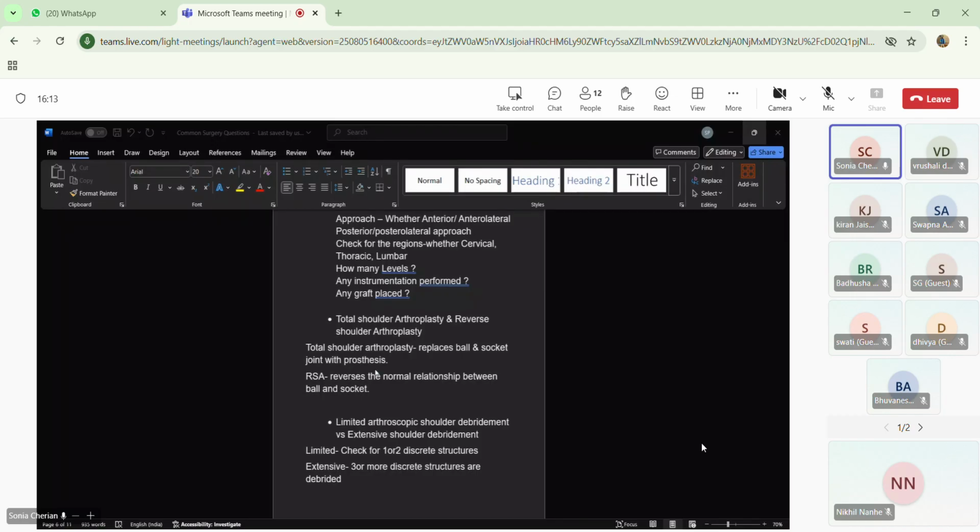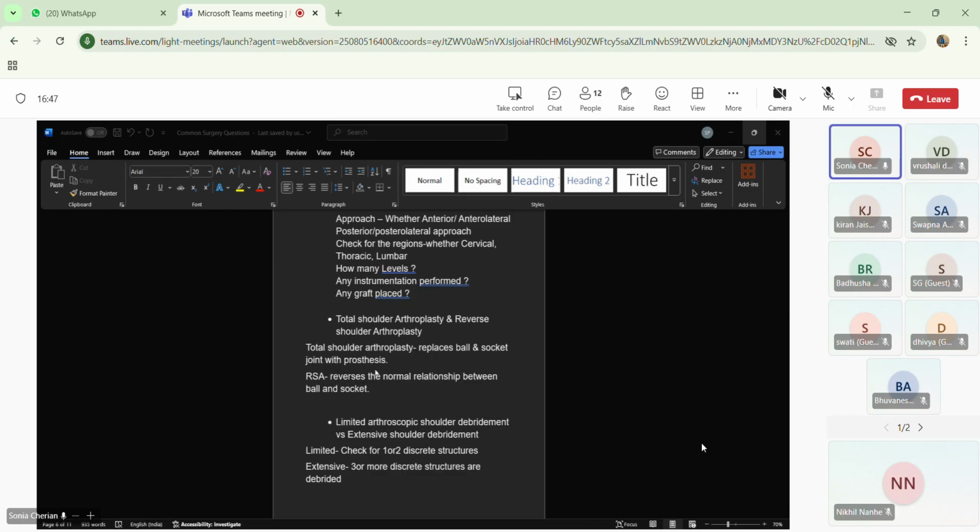Because the debridement is a very minute procedure, very small compared to the rotator cuff repair, and it will be inclusive, inherent. They are doing a repair and a debridement. You cannot code debridement, right? You will only code the repair, correct? So here you cannot take it as limited debridement also.